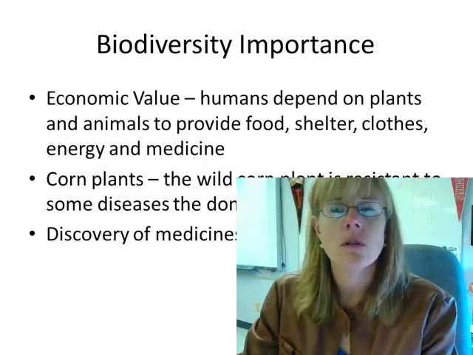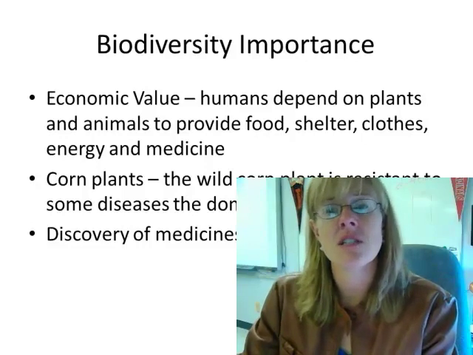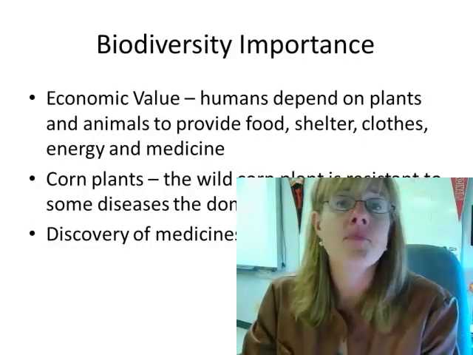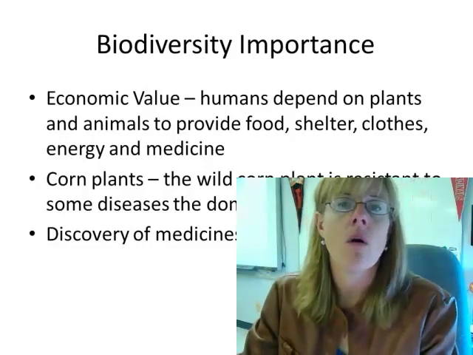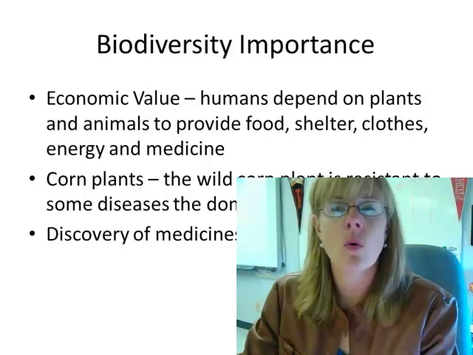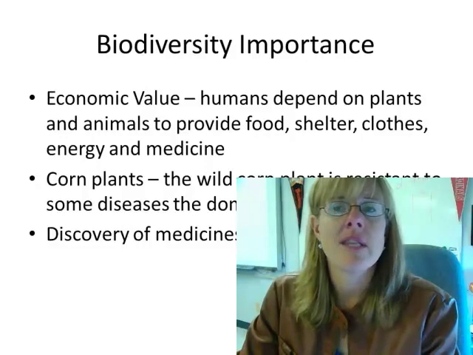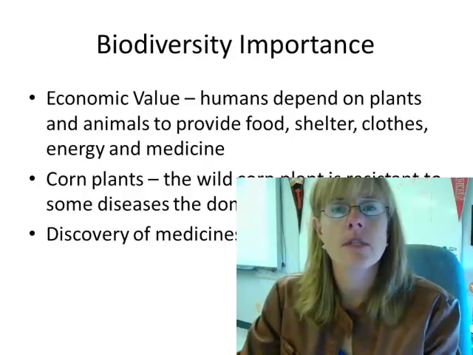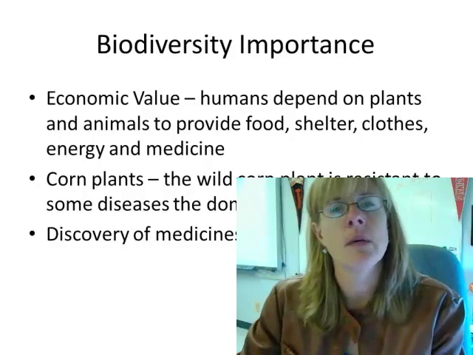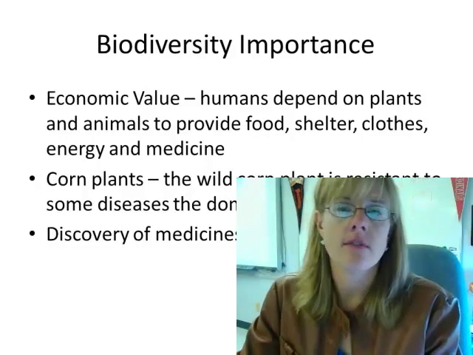Wild corn is resistant to some diseases that domesticated corn is not, and so they're working right now on going back to that original corn plant and integrating it into our current corn to maybe pull in some of that drought resistance, heat resistance, some of those properties that corn used to have, that as we've been messing with it genetically, it's kind of lost.